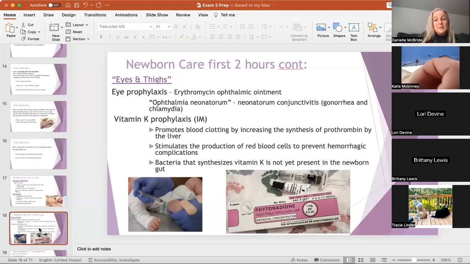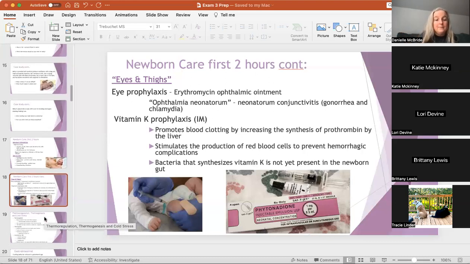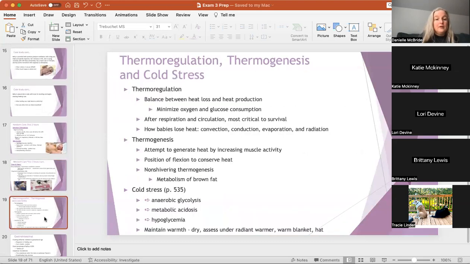And so if we give vitamin K, it's going to stimulate the production of the red blood cells to help prevent complications from hemorrhage. Usually the type of hemorrhaging we see is like brain bleeding. And so vitamin K is going to be the fix for that.